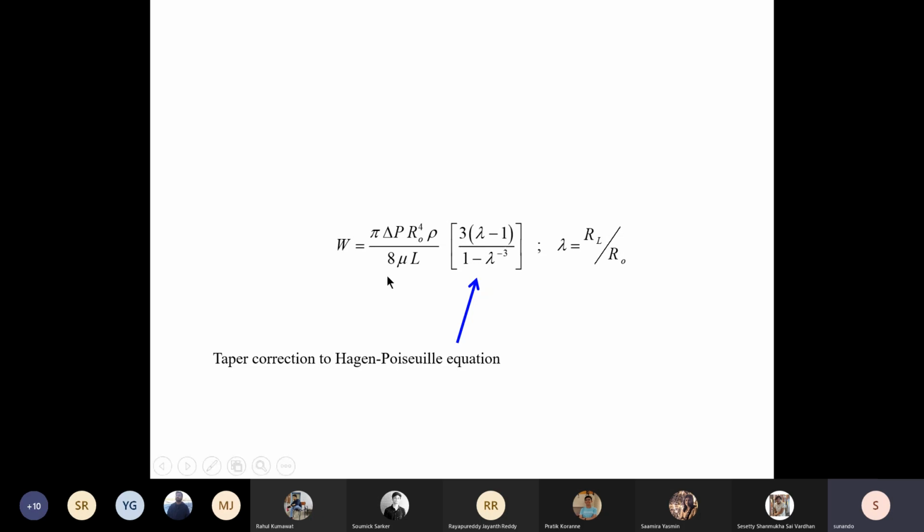So the first part of the term is simply for a straight tube, and the correction factor is for the tapered tube. But once again, the analysis hinges on the fact that the Navier-Stokes equation can be used. This form of the Navier-Stokes equation can simply be used to obtain the mass flow rate for a tapered tube as well.